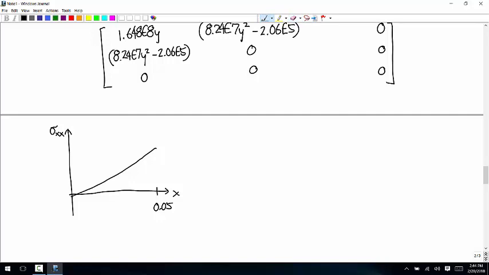And I suppose we should consider the other direction too. So what do you get if you plug in 0.05 for y?